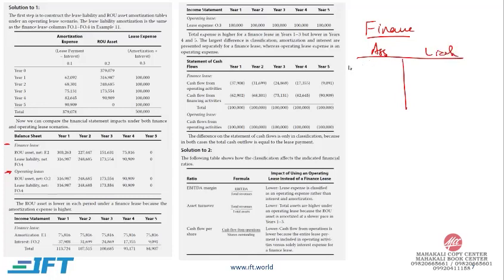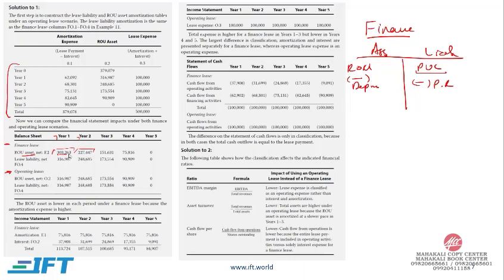Assets will be created as right of use and your present value of liabilities, and your right of use would be deducted by your depreciation, and present value of liability would be subtracted by your principal repayment. So this is the same table we came up with in the previous question. Right of use asset, that's 303,263, 227,447. That's your end of year 1, end of year 2.